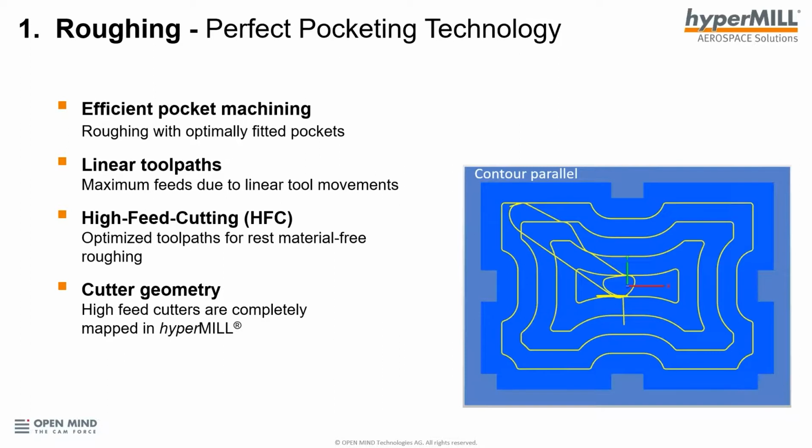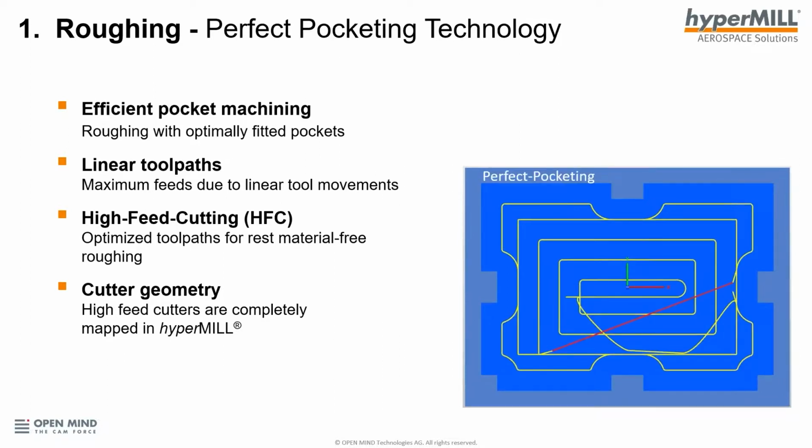With perfect pocket technology, what we're trying to do is pattern fit shapes inside this pocket. So what we're doing here is placing a rectangle, and within that rectangle you can see it's a spiral. We're spiraling that toolpath out to almost the last toolpath, and then we fit to the actual shape of the component.